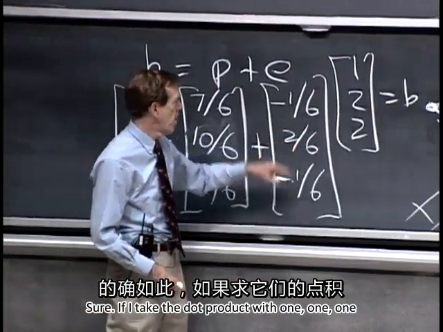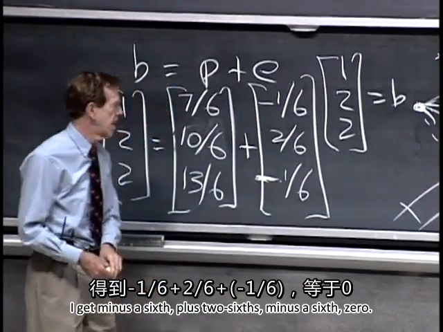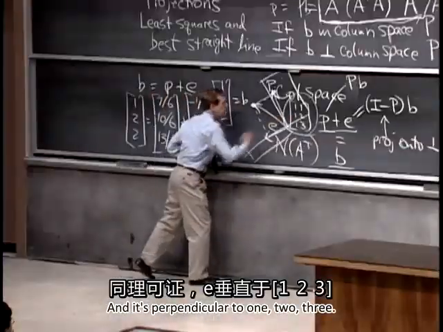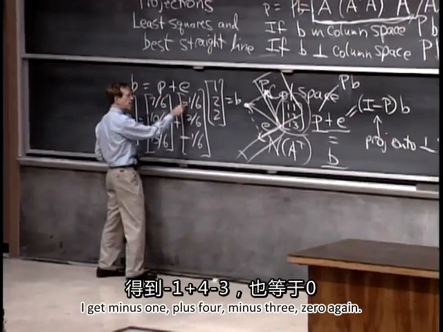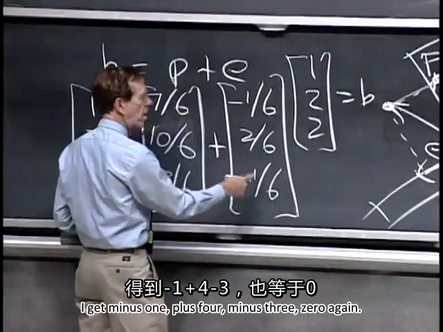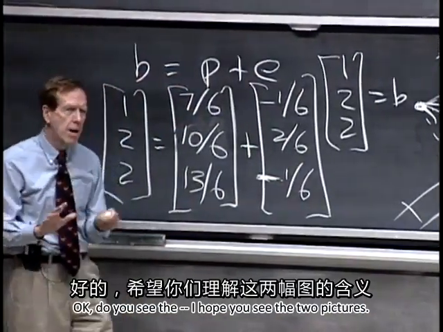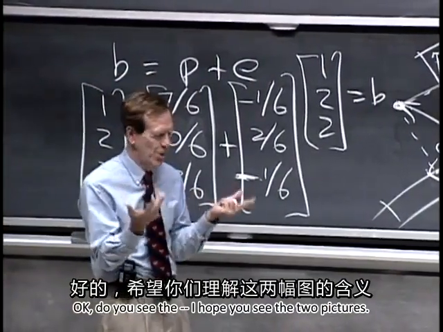If I take the dot product with 1, 1, 1, I get minus 6, plus 2, 6, minus 6, 0. And it's perpendicular to 1, 2, 3, because if I take the dot product with 1, 2, 3, I get minus 1, plus 4, minus 3, 0 again.